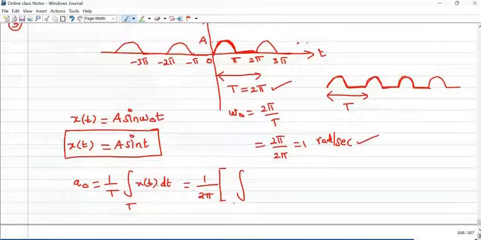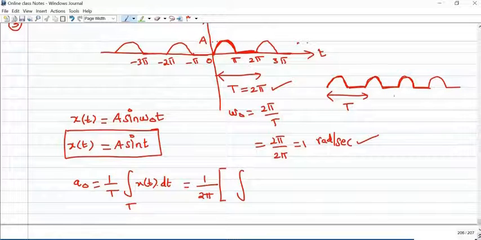So now don't proceed with the given problem blindly. You have to check the signal also. 0 to 2 pi is the complete time period, but 0 to pi only the information is available. Pi to 2 pi the signal information is 0.